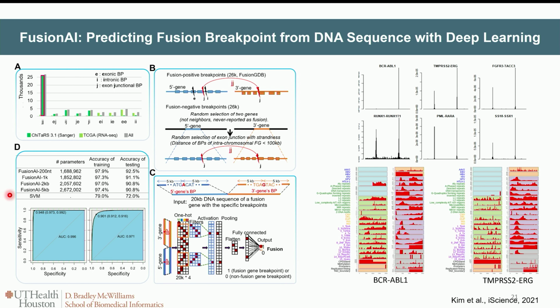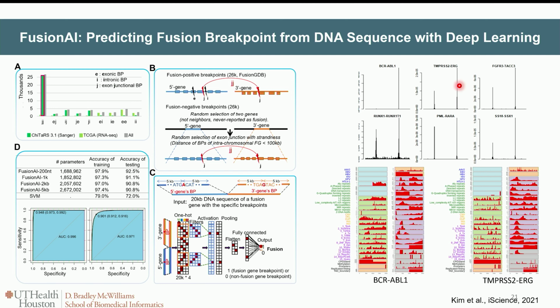So we are reading a total of 20,000 nucleotides, which is plus or minus 5 kb flanking region from the two breakpoints. And this is the overlap with 44 types of genomic features across BCR-ABL1's high feature importance score regions.